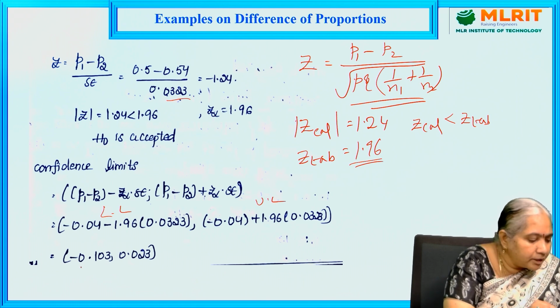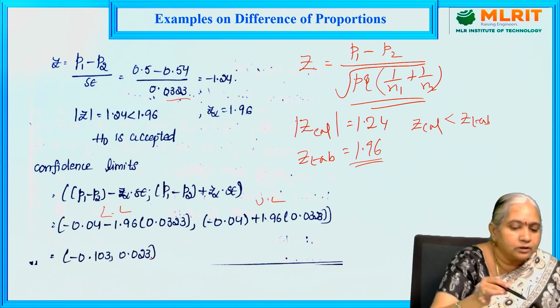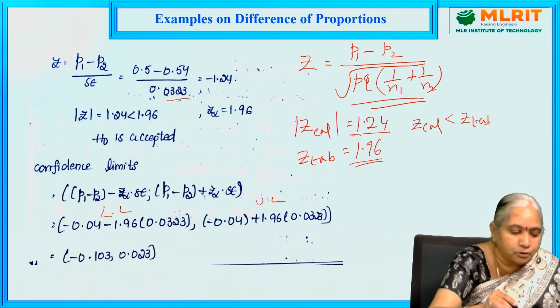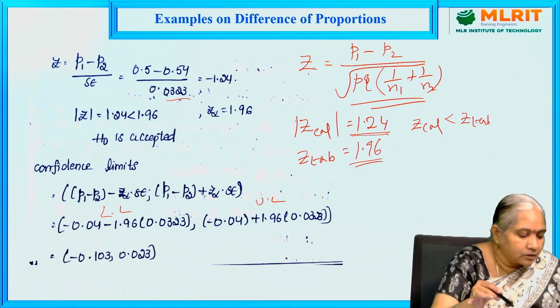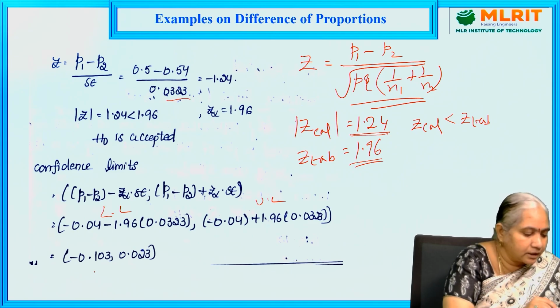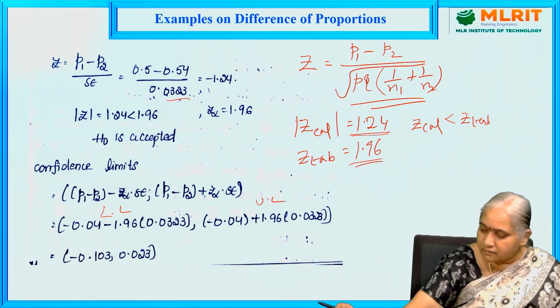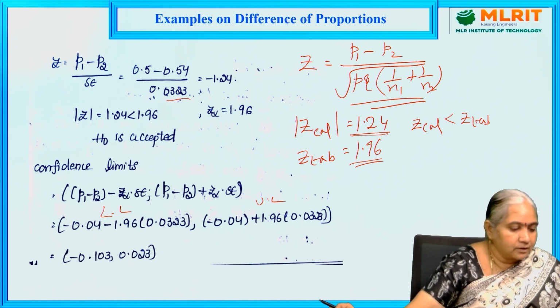So the lower limit is minus 0.103 and the upper limit is 0.023. So 1.24 lies in this interval. So we accept the null hypothesis at a 5% level of significance.